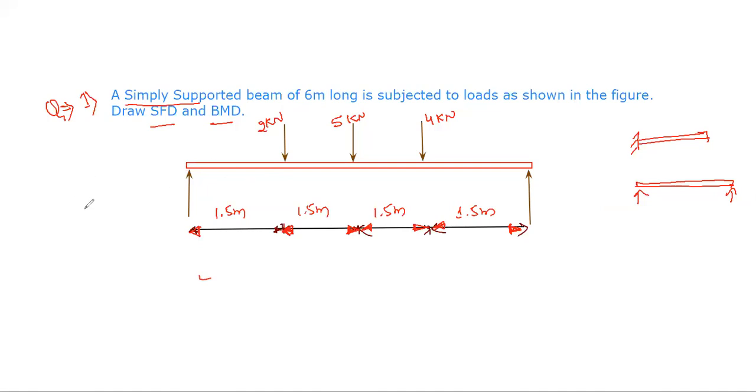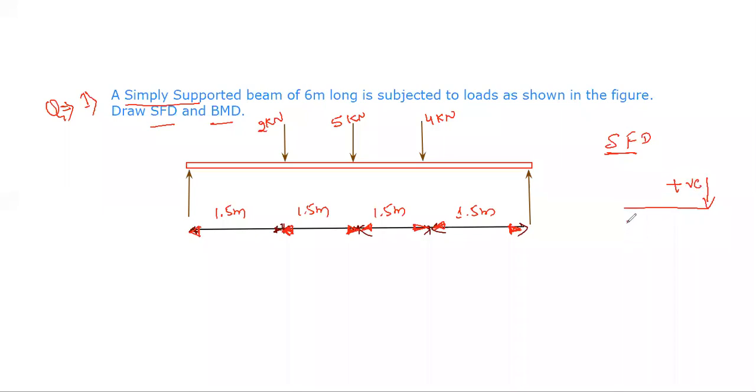Before that, I think you people know the sign convention, right? For the shear force diagram, if the load is applied vertically downwards on a beam, we take it as a positive sign.